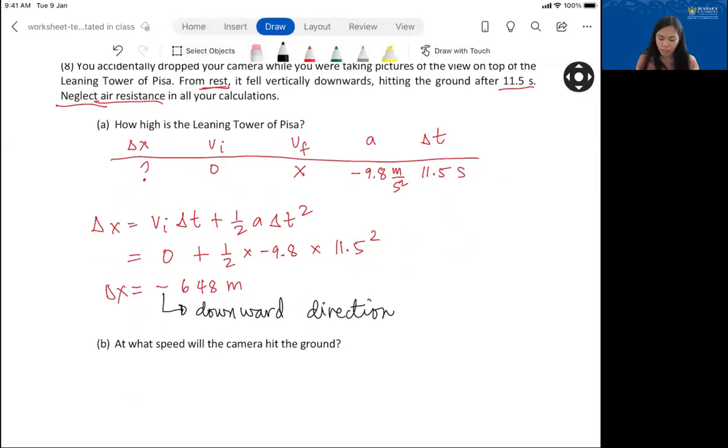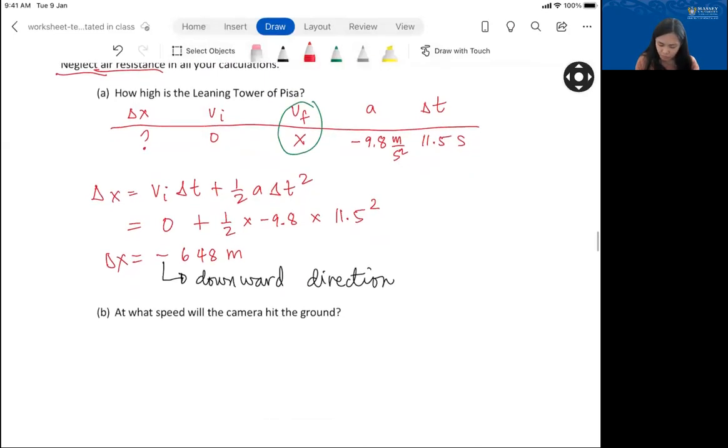Right, next question. At what speed will the camera hit the ground? So we now have to solve VF, which initially we don't know, and now that's what we want to solve with the extra information about delta x. Right, so we now have a lot of options.